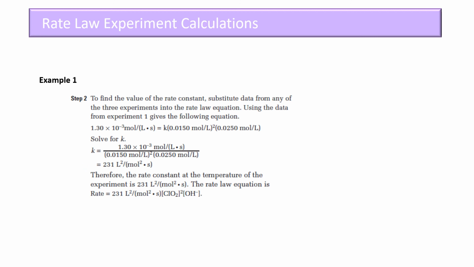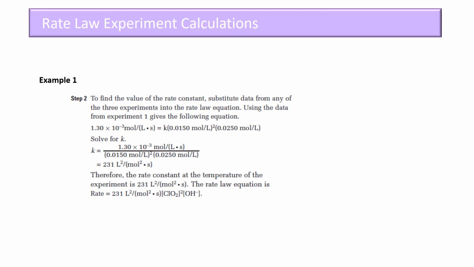Step number 2. To find the value of the rate constant, substitute data from any of the 3 experiments into the rate law equation. Using the data from experiment 1 gives the following equation. 1.3 times 10 to the negative 3 mole per liter second equals K times 0.015 mole per liter to the order 2 times 0.025 mole per liter.